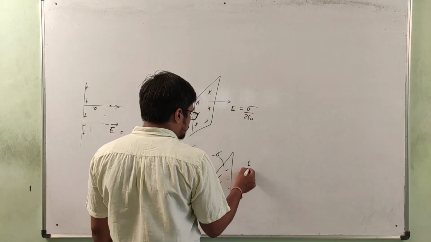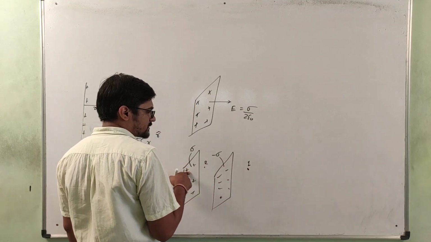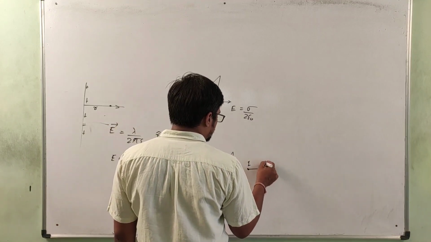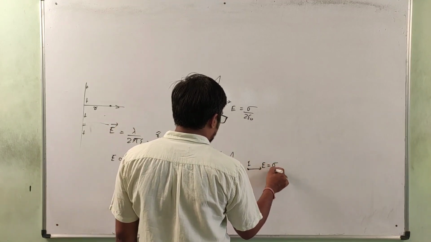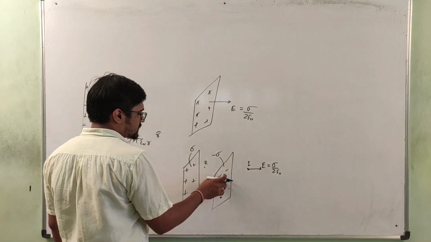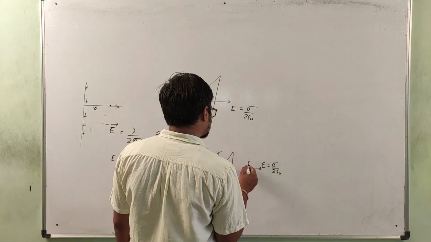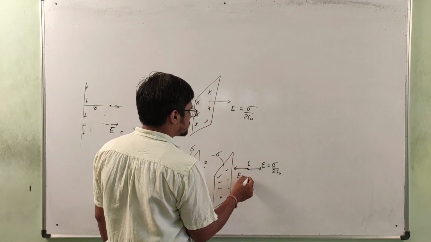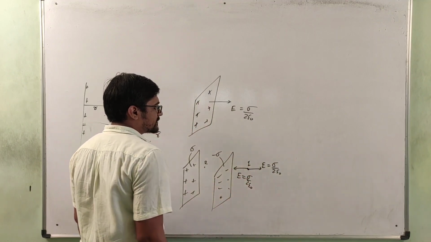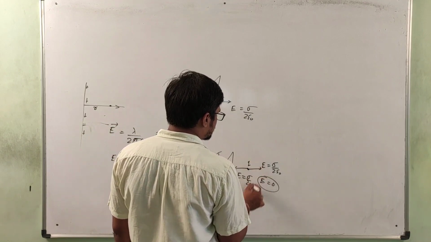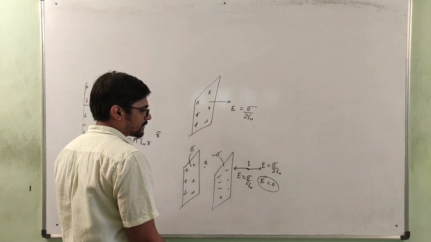At this outer point, the electric field due to this surface is outward, equal to sigma by 2 epsilon naught. For the other surface there is negative charge, so the electric field is inward, also sigma by 2 epsilon naught. Both electric fields are in opposite directions, so the resultant electric field is 0.